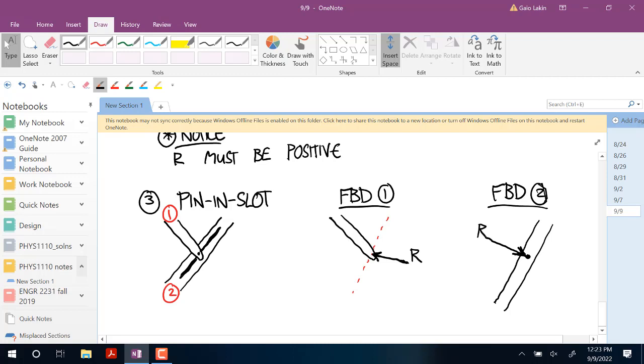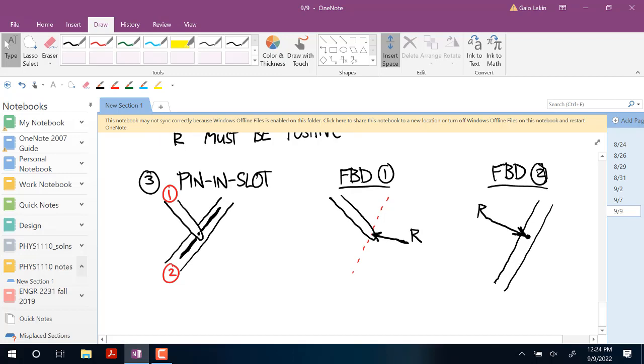There's something different about this than the other two. Notice that no matter which way you try to move body one along that perpendicular axis, its motion is restricted. So in this case, that R can be positive or negative. It doesn't matter which way you choose when you draw this in a free body diagram and put it into your equations, because it can come out positive or negative anyways.